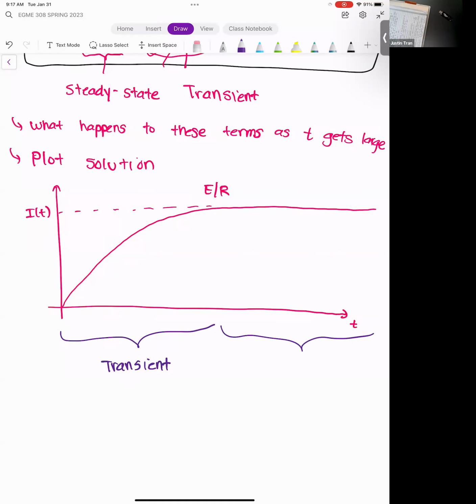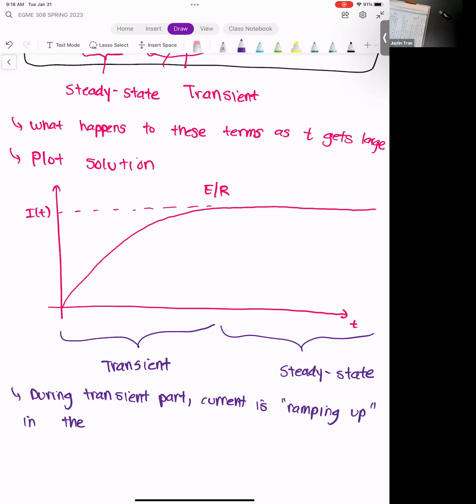And then eventually we reach a point where we're steady state.